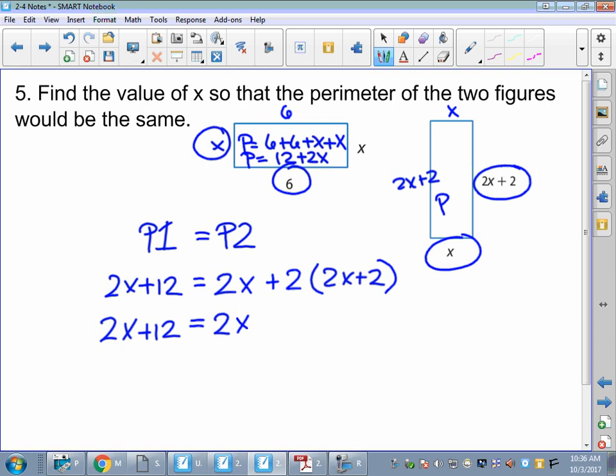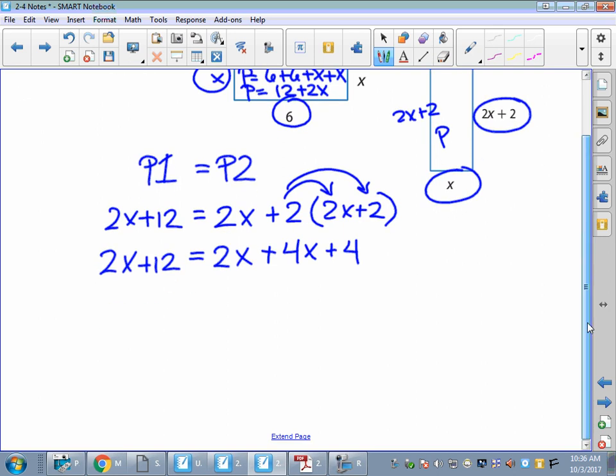Write down 2x, distribute the 2 through, lots of 2's here, plus 4x plus 4. Before I clean up across the equal sign, I want to clean all of this mess up. So 2x plus 12 is fine. We're going to leave that alone. 2x plus 4x makes 6x plus 4. And now we're ready to solve.